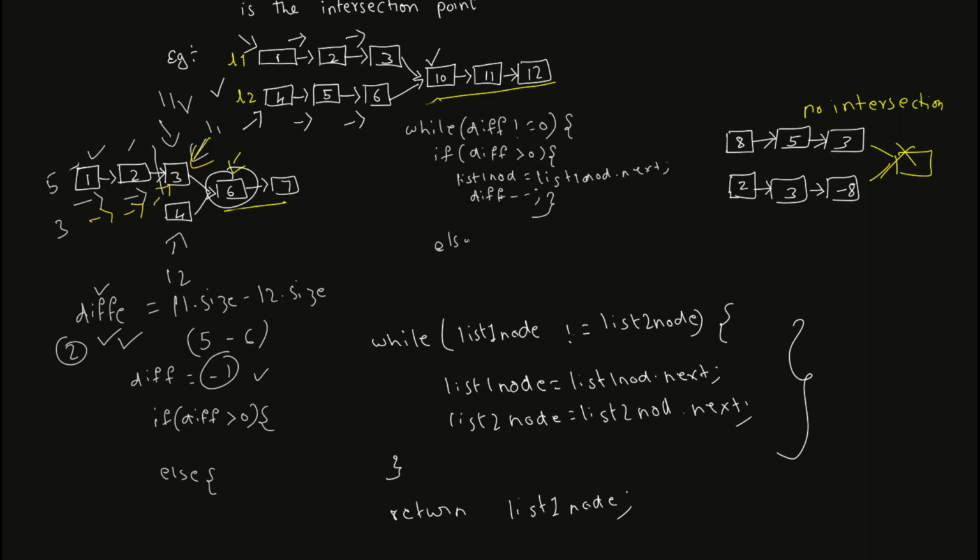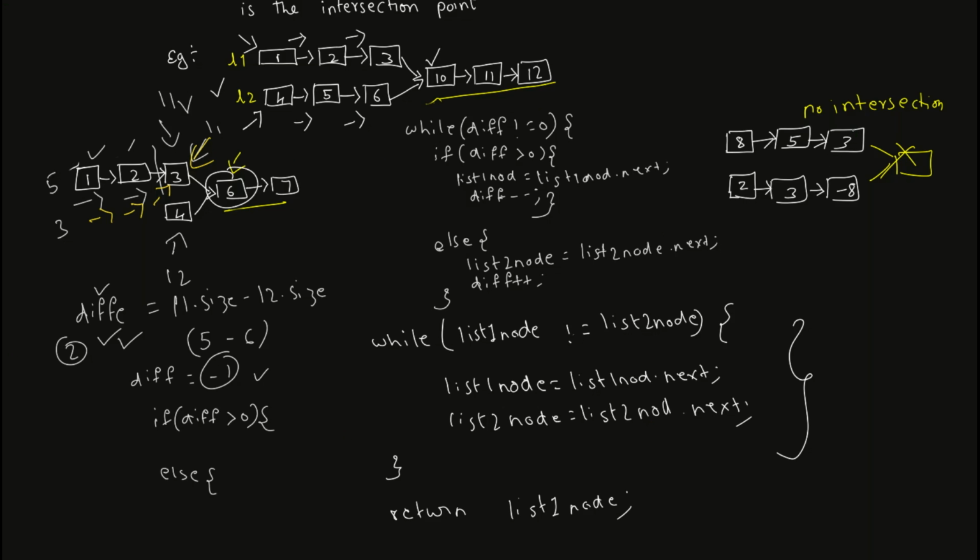If that is not the case, that means list2 is greater, so we need to iterate list2. Since the difference is negative, we need to increase it to make it up to 0.